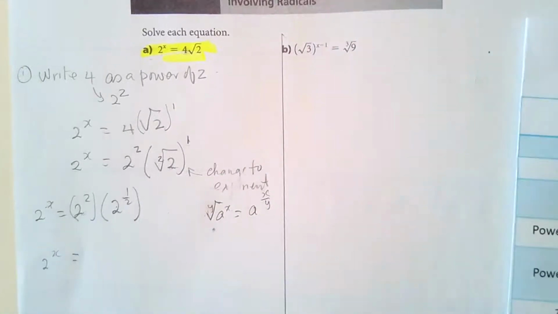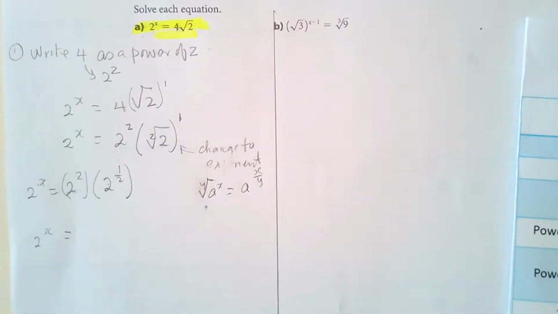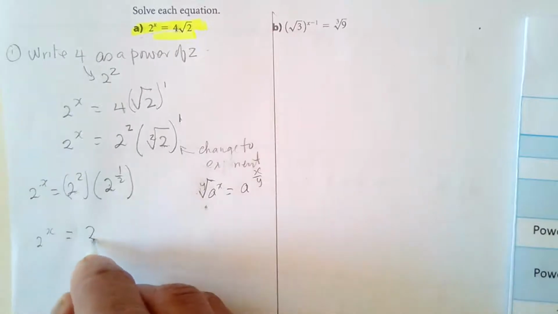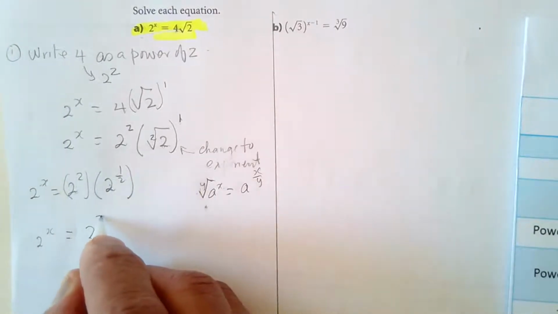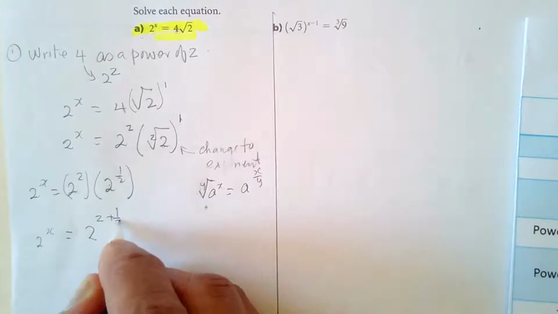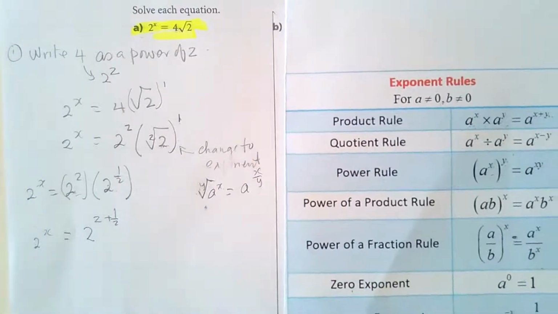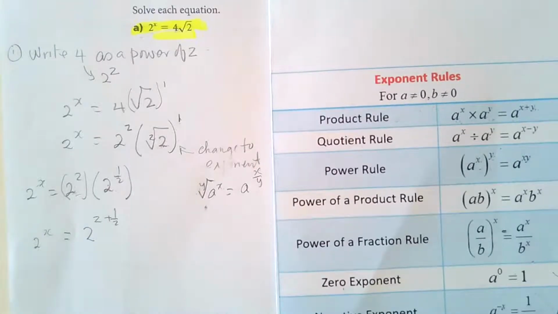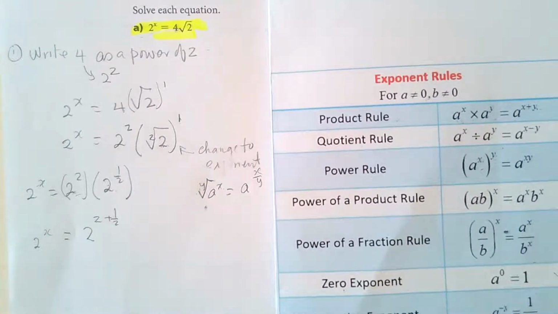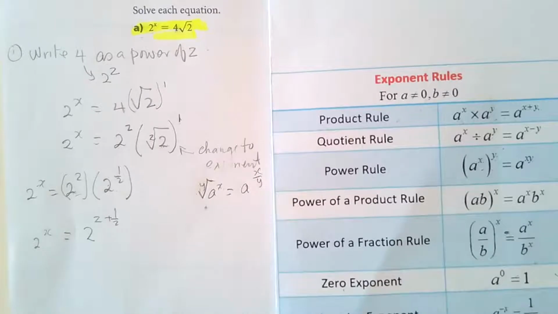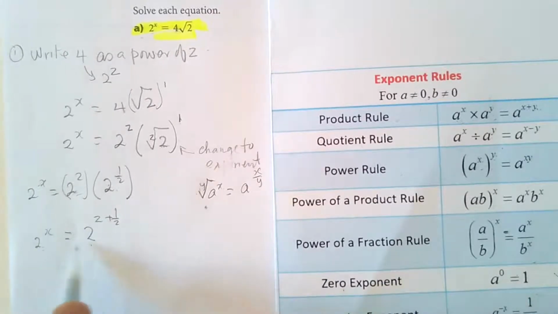It becomes 2, and we're going to combine 2 plus a half. So these bases are the same, so I'm applying the product rule. Now we have a common base.